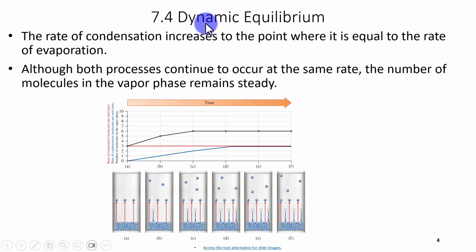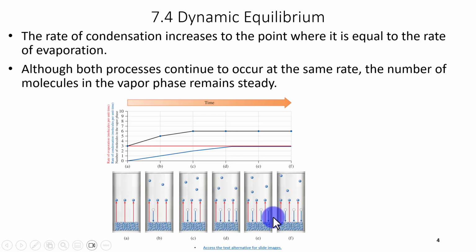And we reach what is called a dynamic equilibrium because the rate of condensation, and basically a rate is how fast, so how fast molecules are condensing, coming back into the liquid phase, becomes equal to the rate at which some molecules are evaporating, going into the gaseous phase. So some are escaping, but others are coming back into the liquid.